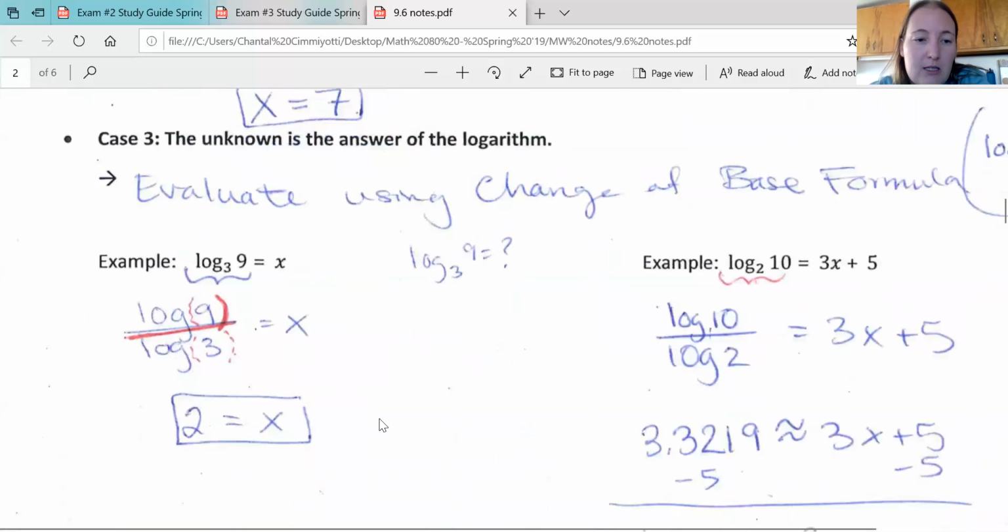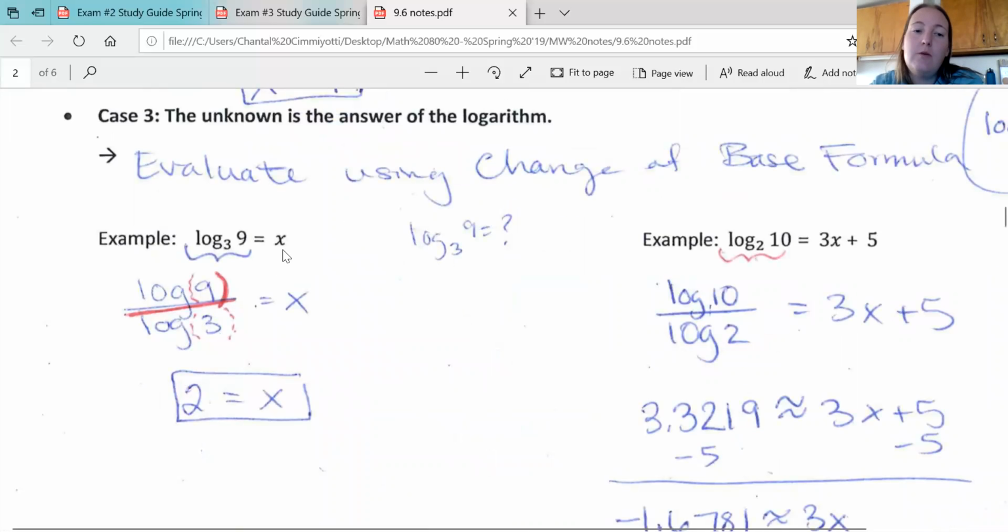And the last place is that your unknown could be the exponent of the exponential or the answer to the logarithm. And in that case, you just need to evaluate that left-hand side. So again, sometimes you can evaluate right away.